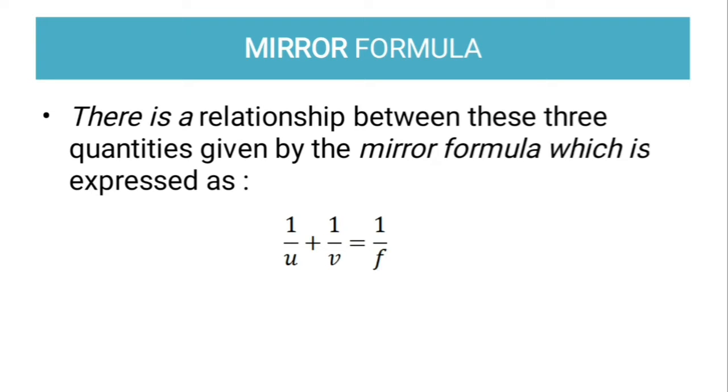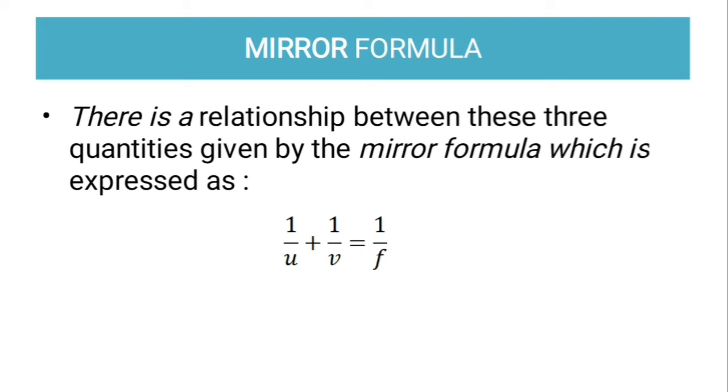Now, how do we use the mirror formula? It is generally used to find out the focal length of a given mirror if you know the object distance and the image distance. It can also be used to find out the object distance if the object is too far away from you, for example a distant star.